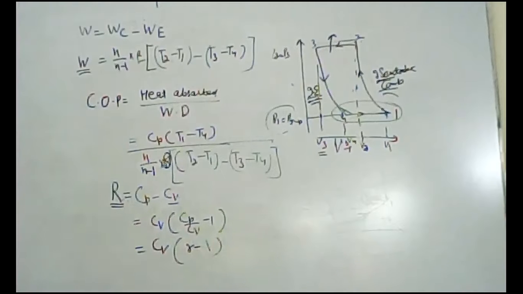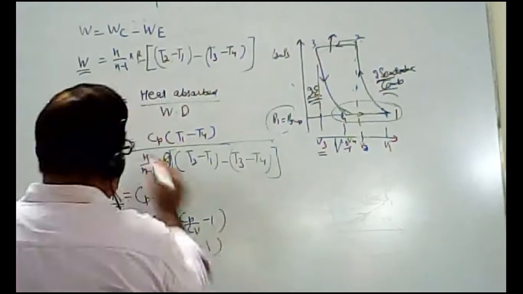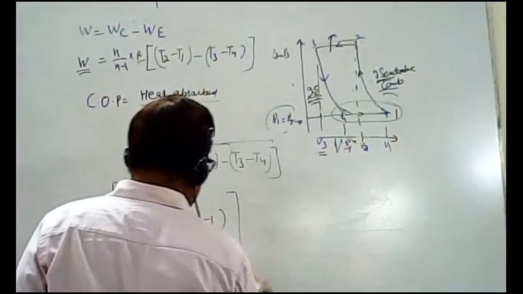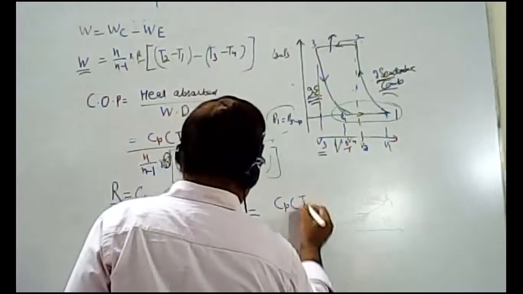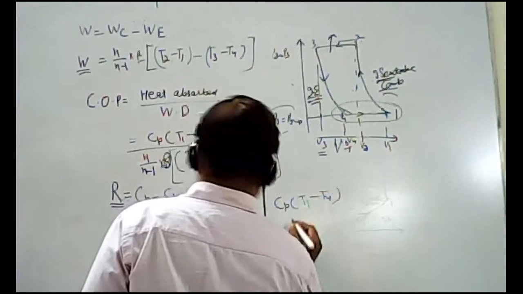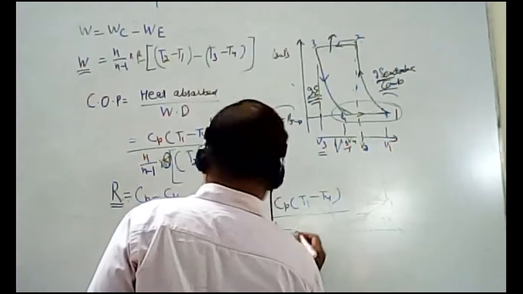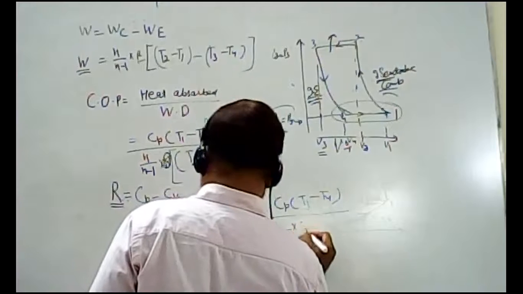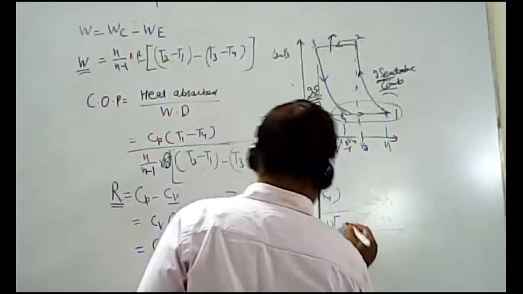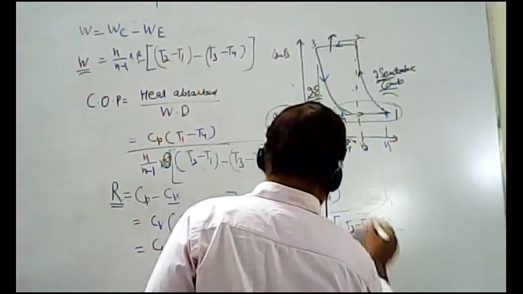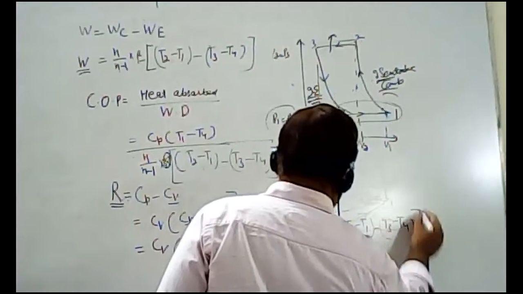So everybody put this value of R in this equation. This equation will be Cp into T1 minus T4 divided by n divided by n minus 1 into Cv into gamma minus 1, and this value T2 minus T1 minus T3 minus T4, bracket close.